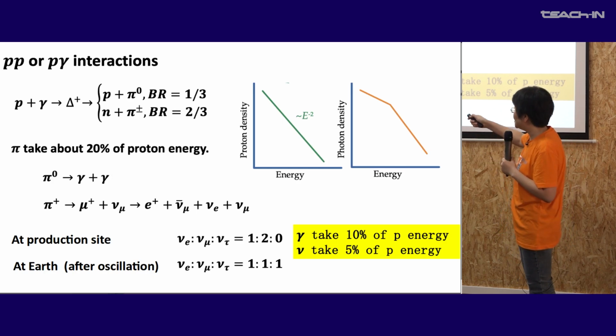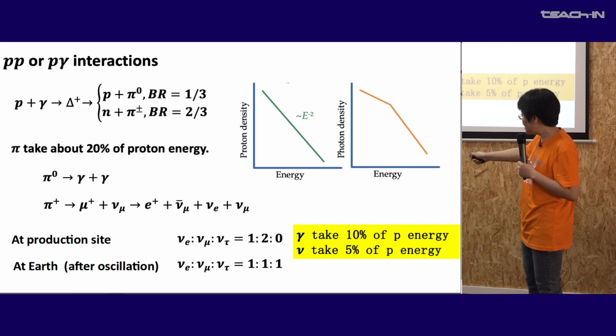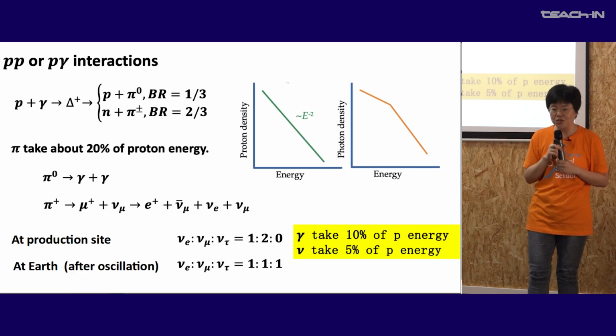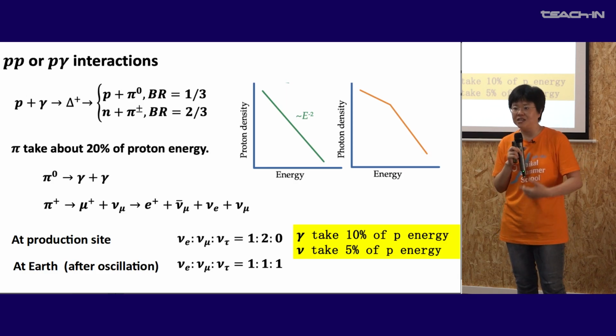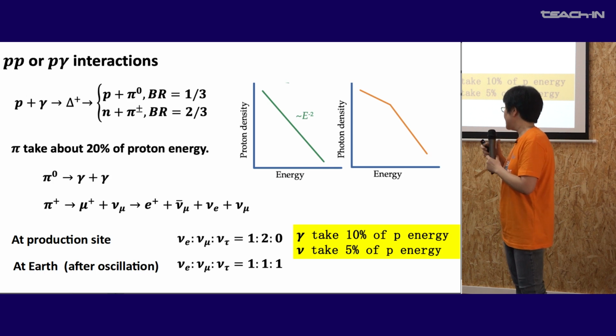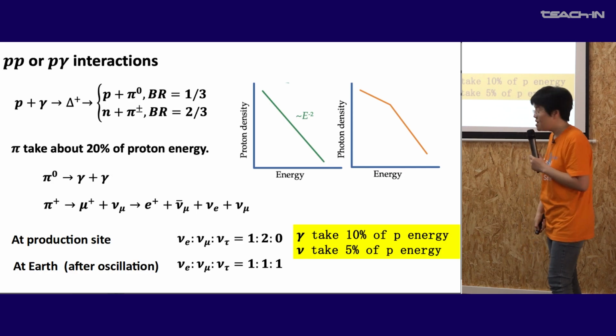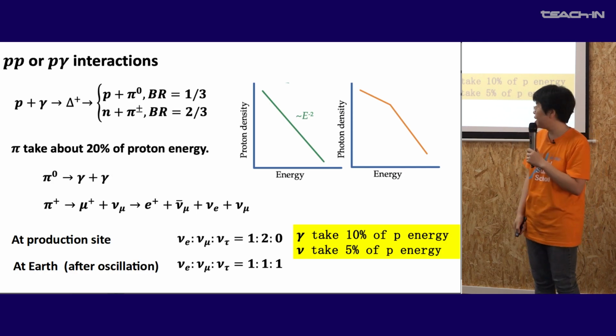And then those pions will decay to gamma rays and neutrinos. At the production site, we have 2 muon neutrinos and 1 electron neutrino. After the oscillation at Earth, the ratio of different flavors is 1 to 1 to 1. And the gamma takes 10% of proton energy, and the neutrino takes 5% of the primary proton energy.